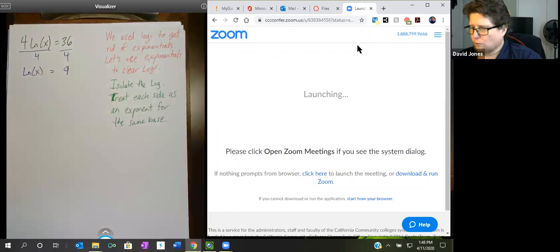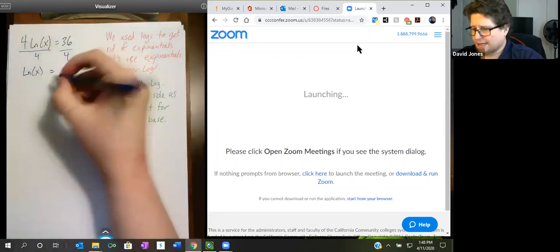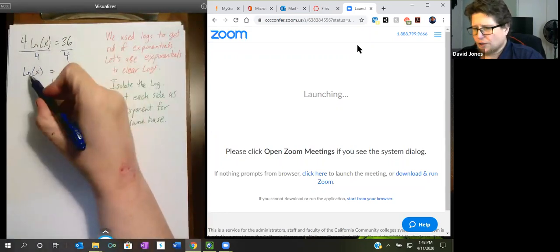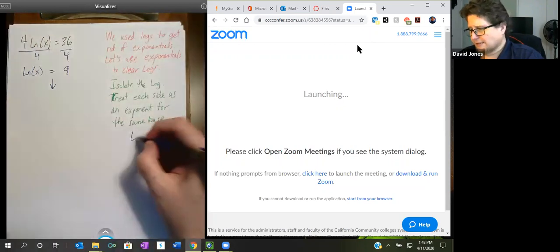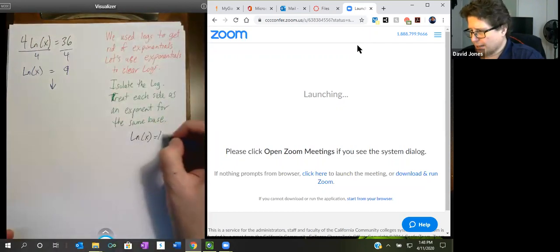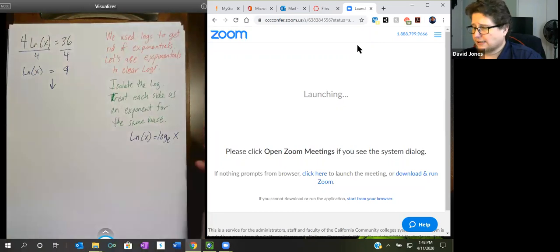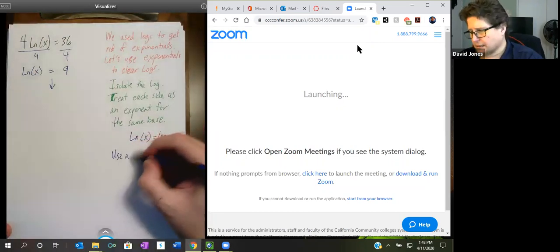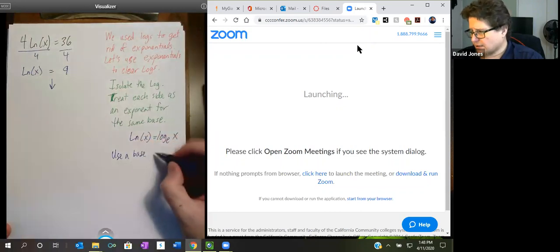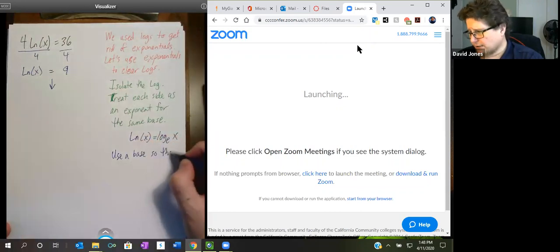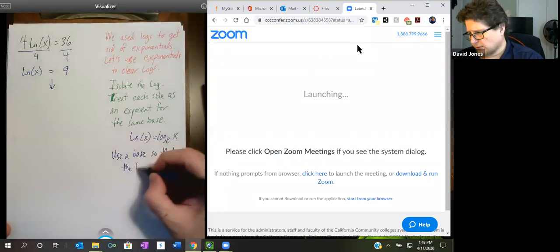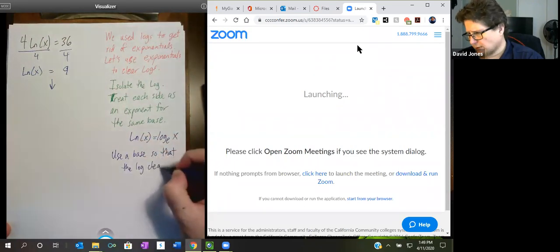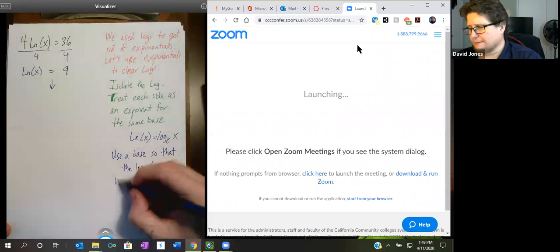And now, what I mean by treat each side as an exponent, natural log of x is log base e of x. I want to use the base so that the log clears. Which means we need the same base.